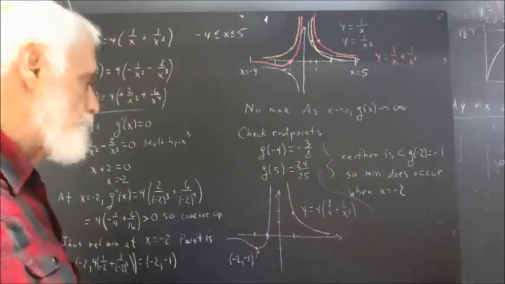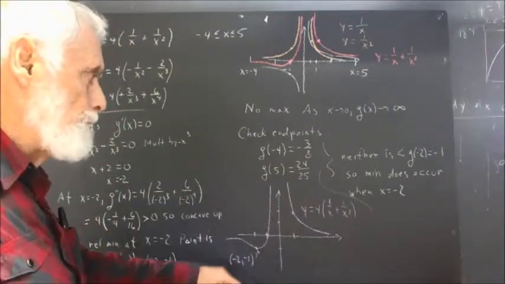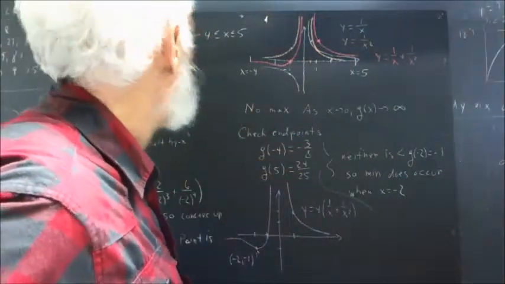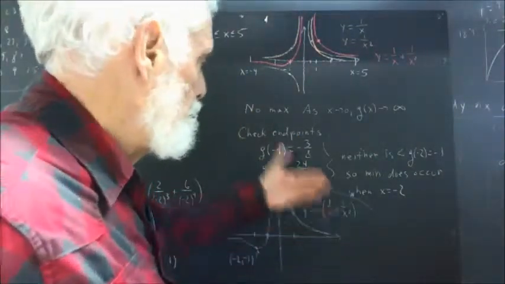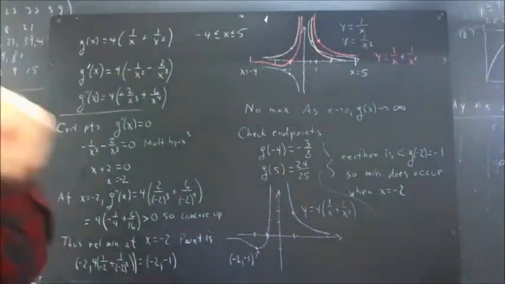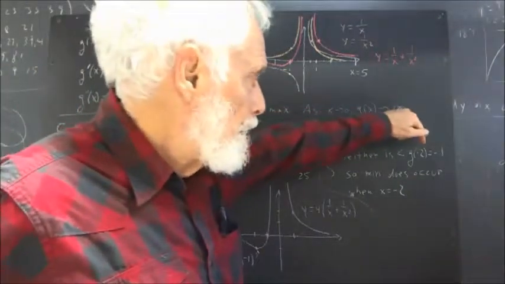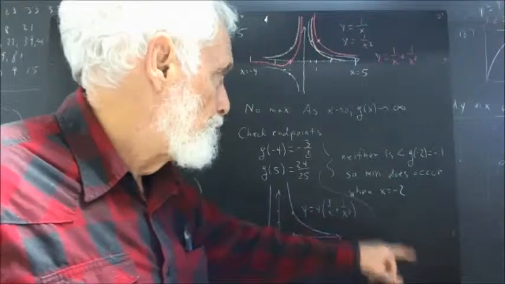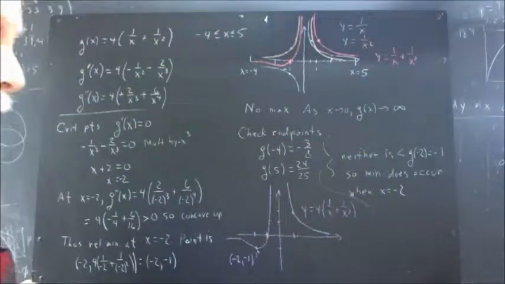That's not going to be lower than -1. And at 5, it's 24/25. And that's certainly not going to be less than our relative minimum. So neither of these is less than -1, so the minimum does occur when x equals -2, and there's no maximum on this interval.